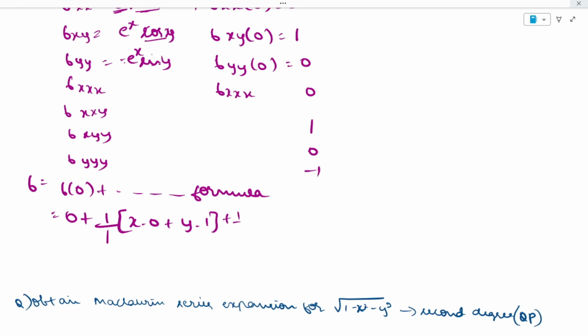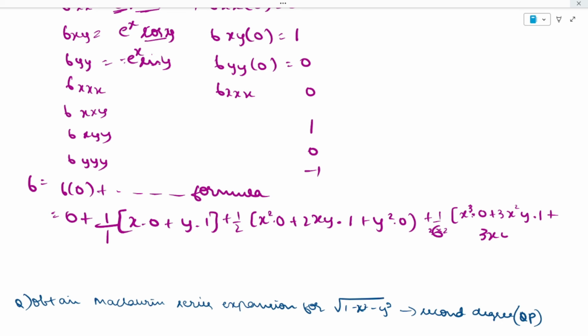Next is plus 1 divided by 2 into x square into 0 plus 2xy into 1 plus y square into 0. Next is plus 1 divided by 3 factorial, that is 3 into 2, which gives you 6. 1 by 6 into x cube into 0 plus 3x square y into 1 plus 3xy square.